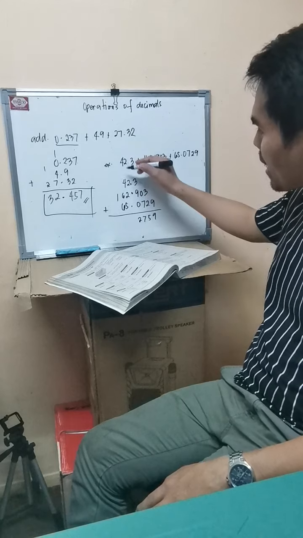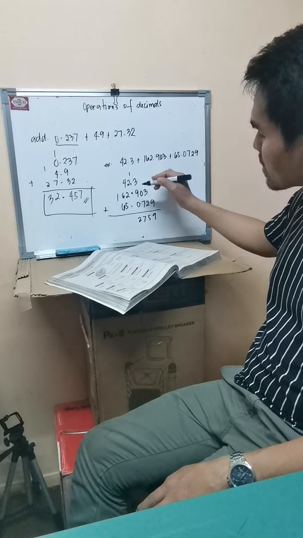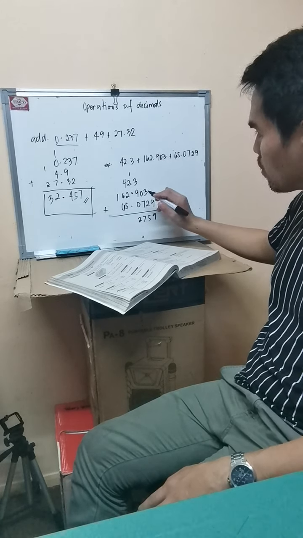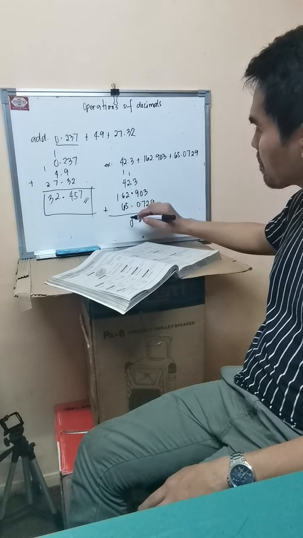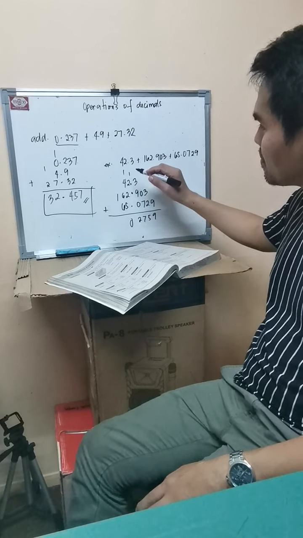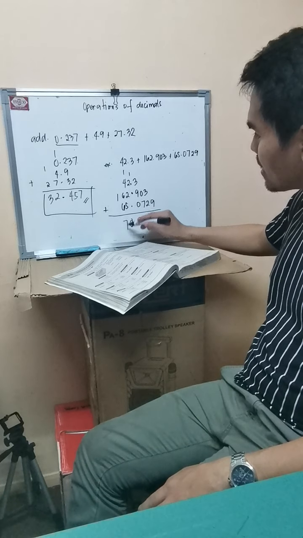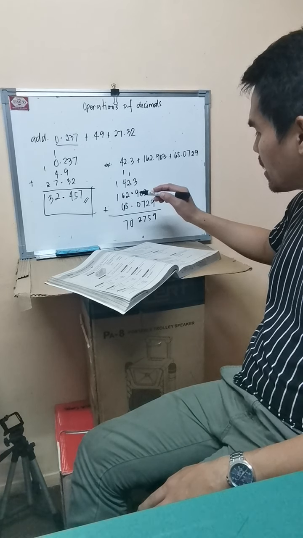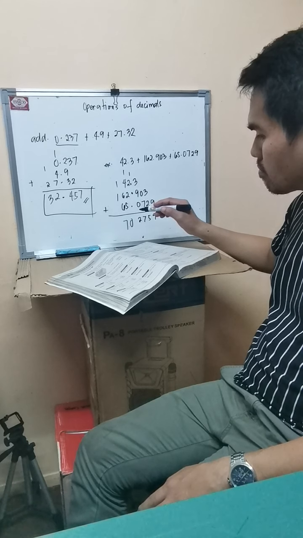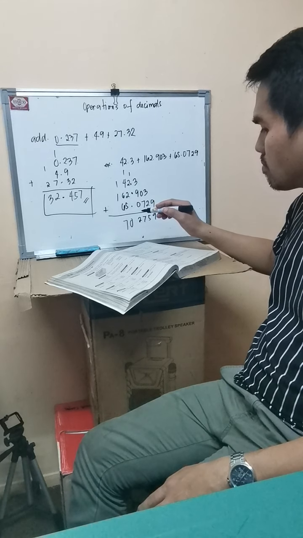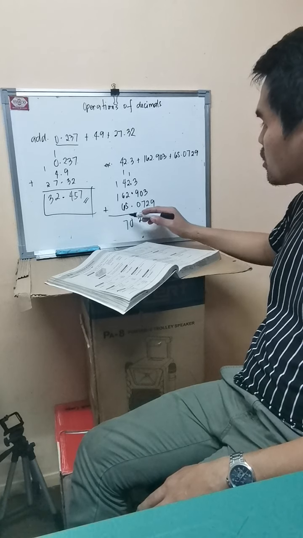Since it's 12, carry the 1 to the ones place in the whole number part. That's 10, carry 1, that is 12, 16, 17, carry 1, and this is going to be 2.